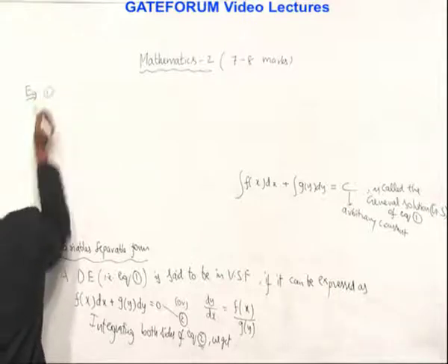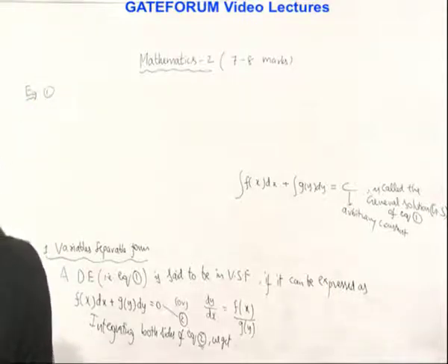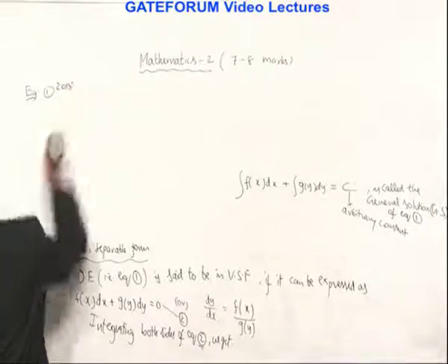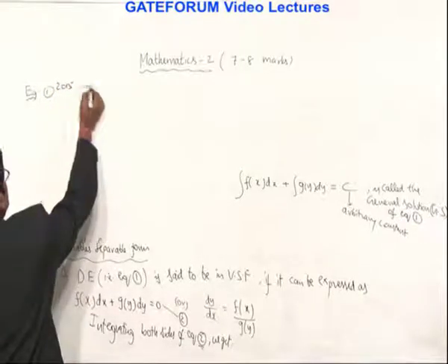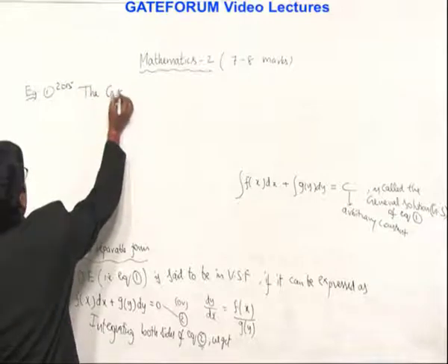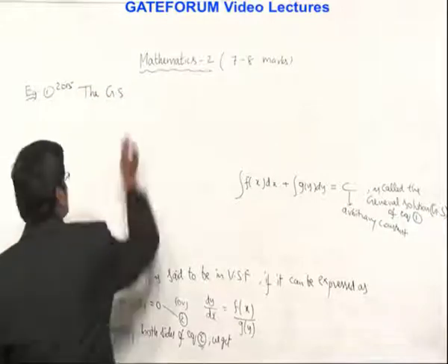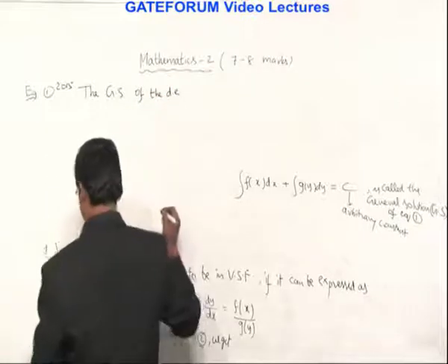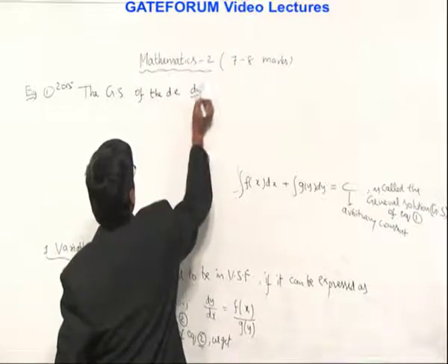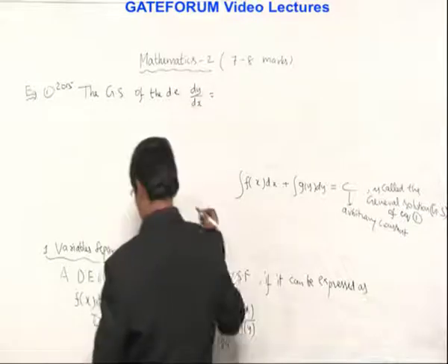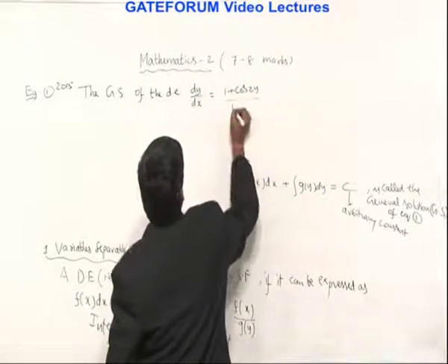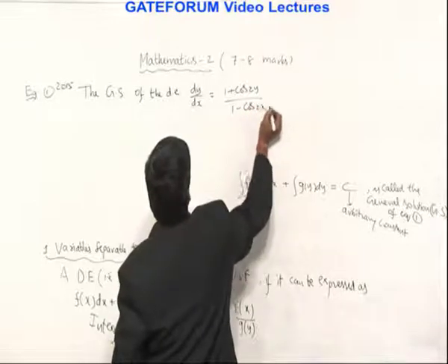Example 1. This question was asked in 2015. The general solution GS of the differential equation dy by dx is equal to 1 plus cos 2y divided by 1 minus cos 2x.